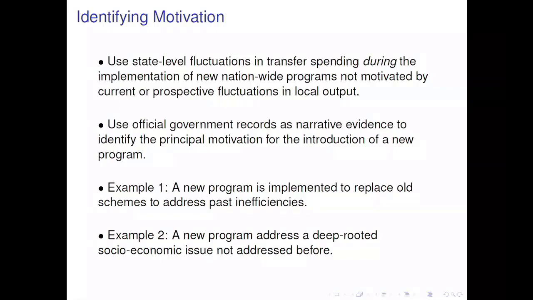And what we find is that a new program is largely implemented out of one of these two reasons. The first is that a new program is implemented to replace old schemes to address past inefficiencies. So for example, in the year 1995, the annual report of the Ministry of Rural Development will say, okay, we implemented these two programs from the 1980s.